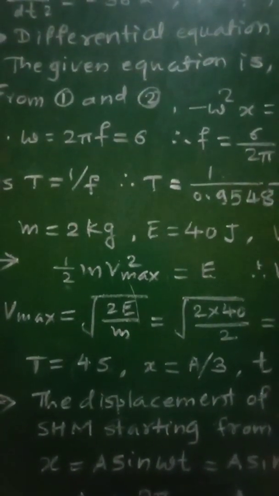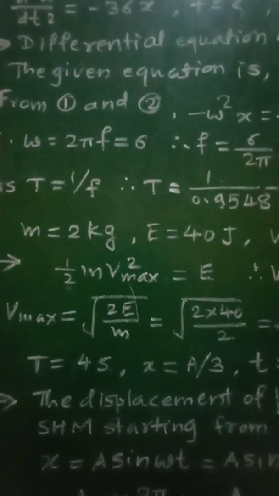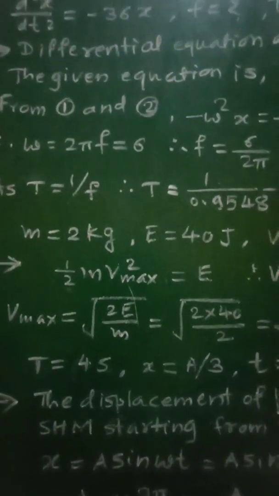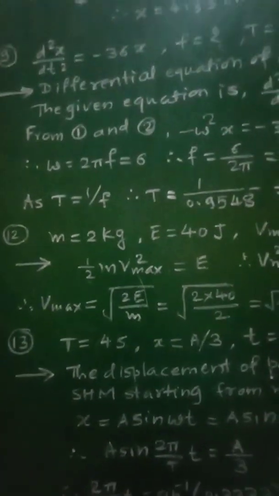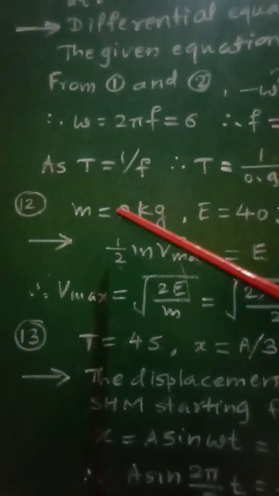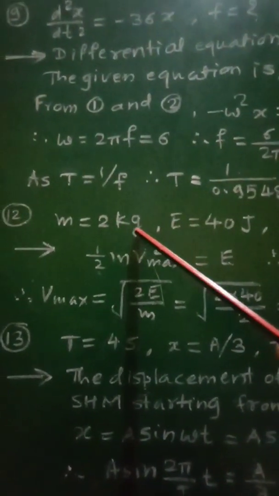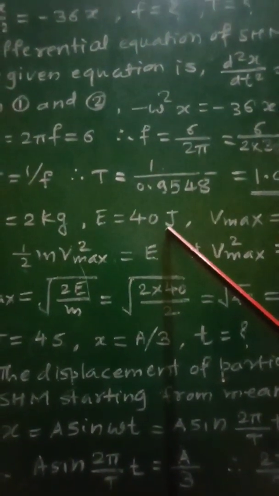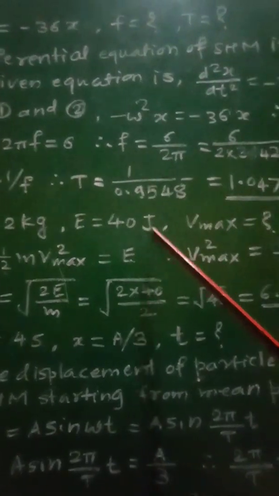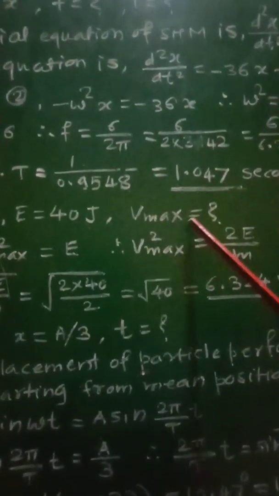Find its speed while crossing the center of the path. For this 12th numerical, the given data is m equal to 2 kg, that is mass, energy E equal to 40 joule, and we have to find out v max.